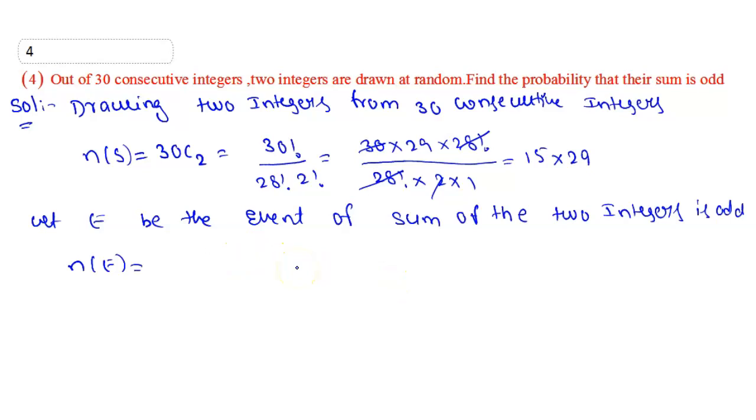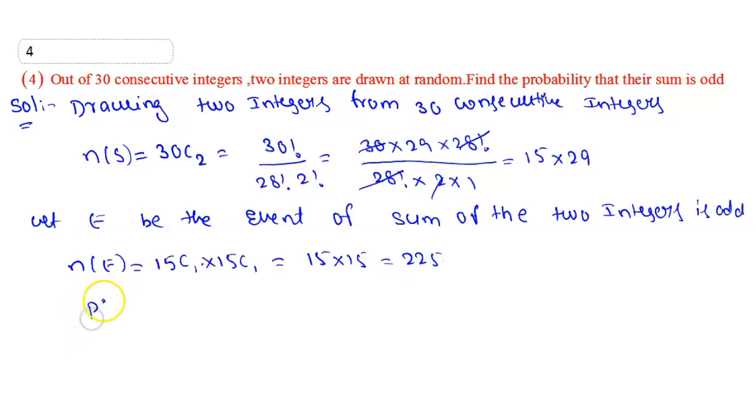Sum of even and odd goes to odd only. So n of E is 15C1 into 15C1. 15C1 is nothing but 15 only. So this is equal to 15 into 15, that is 225.